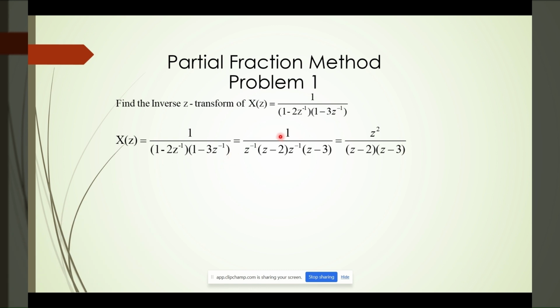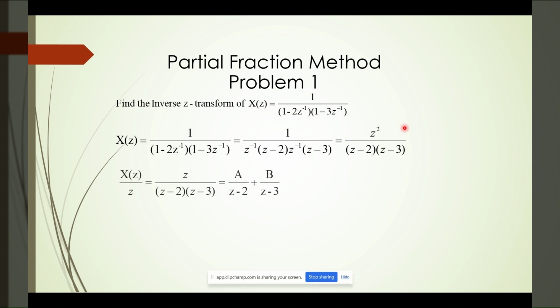So we multiply and divide by z squared in the numerator and denominator. 1 multiplied by z squared stays z squared. If we multiply z with 1 minus 2 z inverse, we get z minus 2. Similarly, z with 1 minus 3 z inverse gives z minus 3. So we get z squared by z minus 2 into z minus 3.